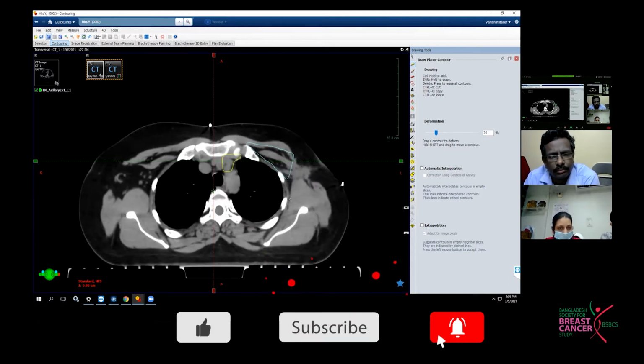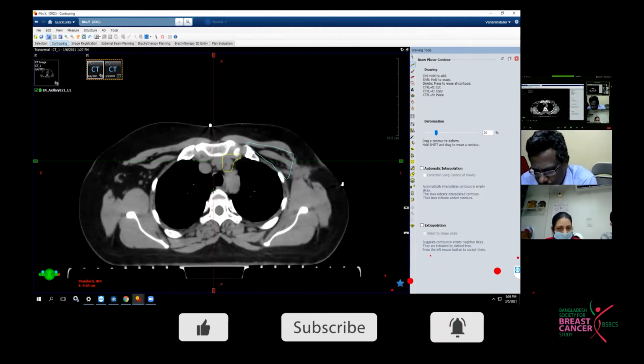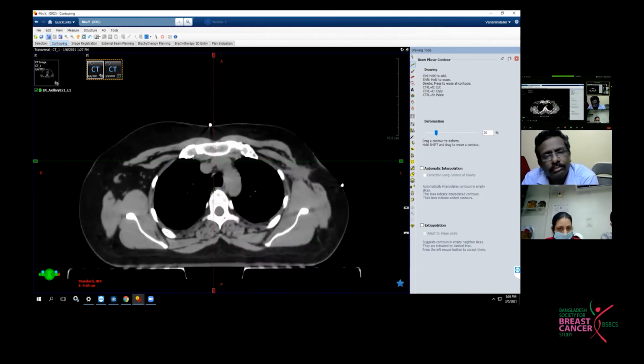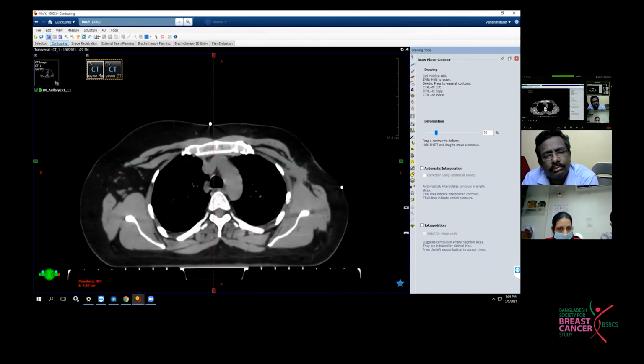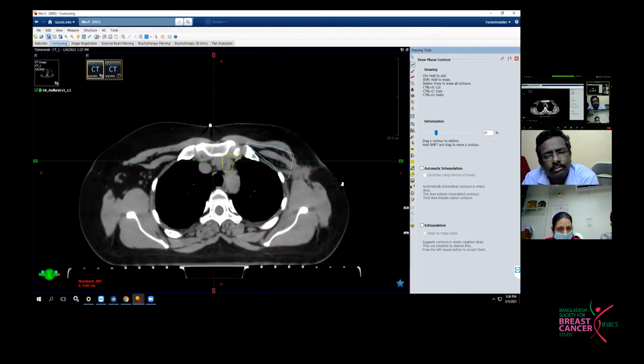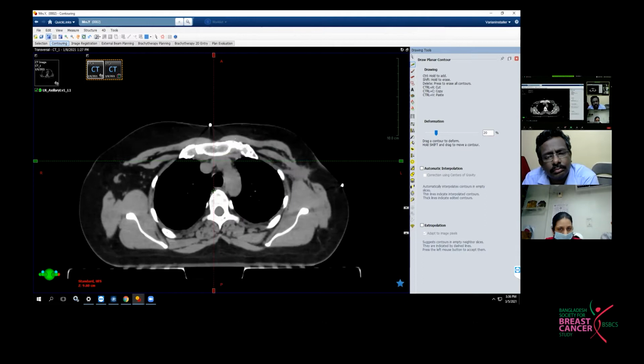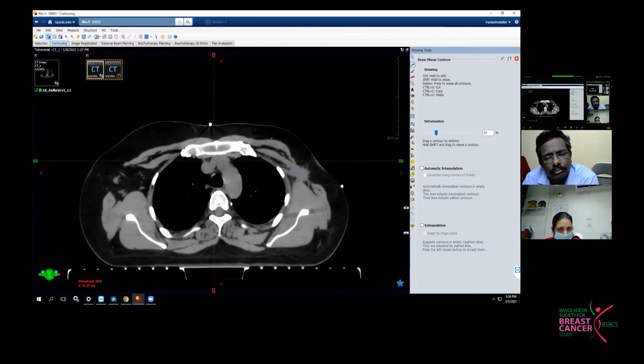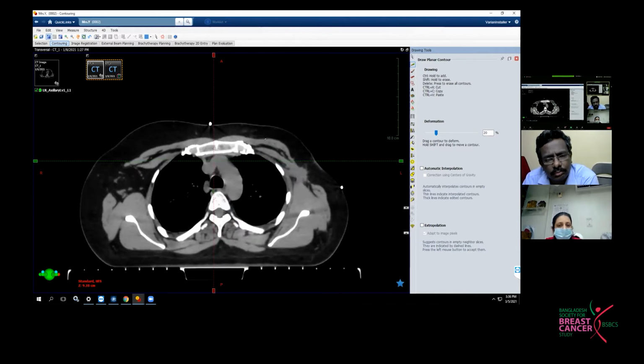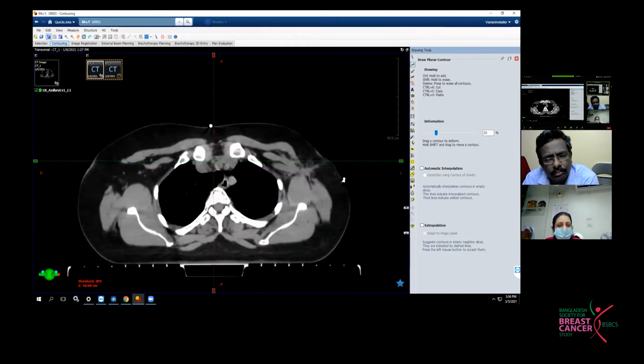And level 1 will go down to the most inferior border, which is where the pectoralis major inserts on the ribs. This is the first rib.